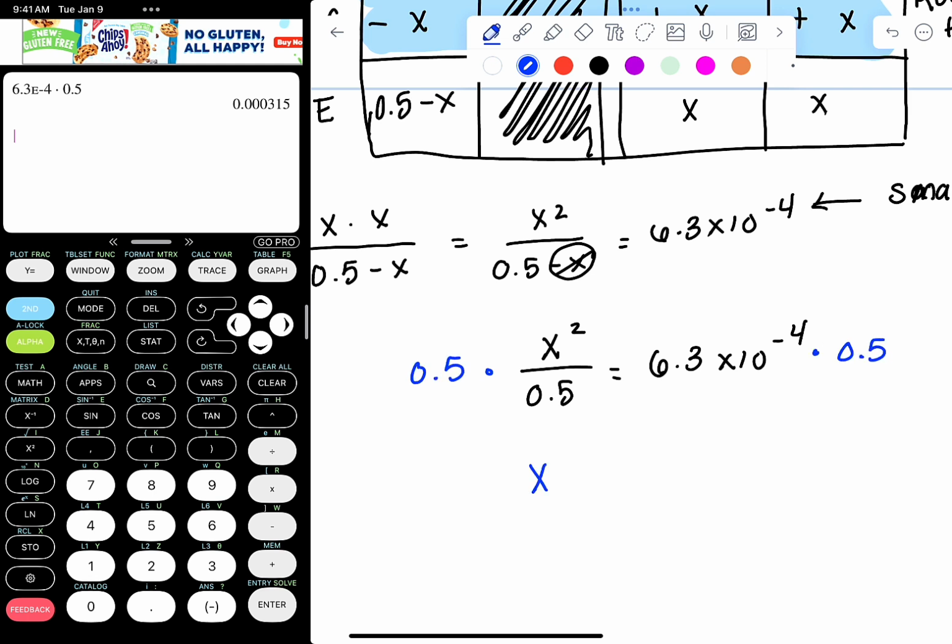So we get that X squared is equal to 0.000315. And then to solve for X, we're just going to take the square root to get that X is equal to the square root of my answer.